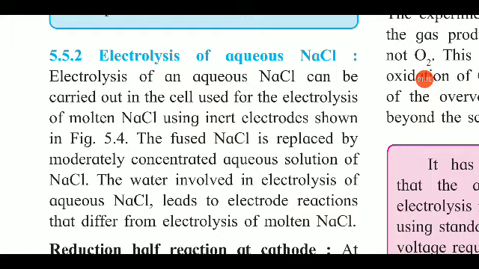The water involved in the electrolysis of aqueous NaCl leads to electrode reactions that differ from electrolysis of molten NaCl. Means the water part, which is present in the electrolysis of aqueous NaCl, brings out chemical reactions at the electrodes which differ from those of the electrolysis of molten NaCl, and that difference we are now going to study.